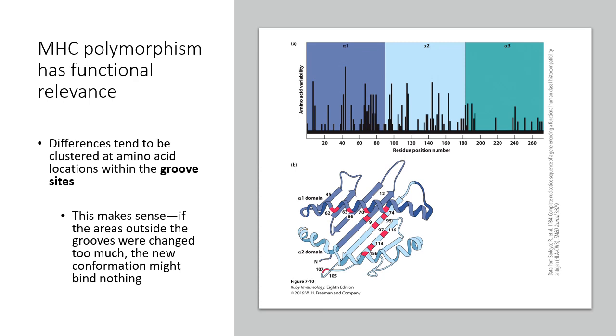So are there ever polymorphisms that happen with this that just make it not functional? Well, if you don't have functional MHC, you don't have really a functional immune system. So chances are you don't survive to adulthood. You could be born without functional MHC, but you're not going to survive your first infection.